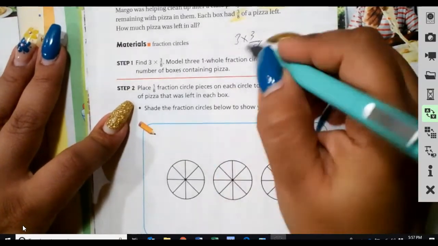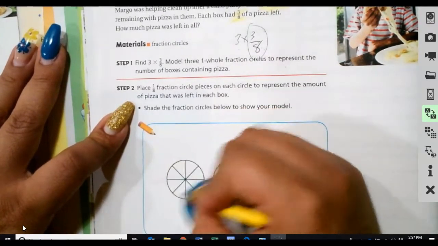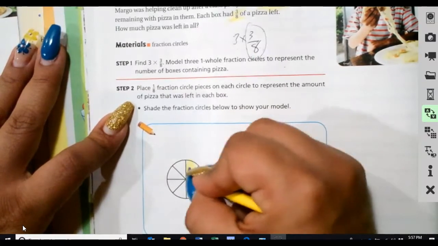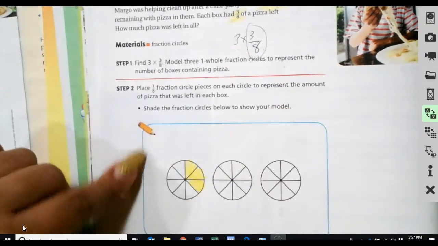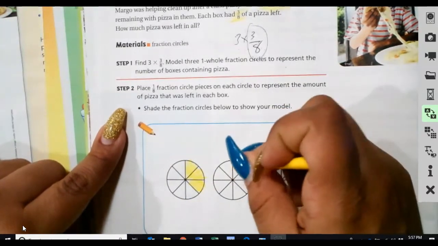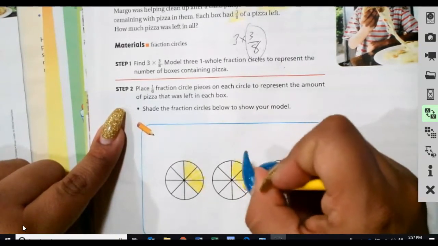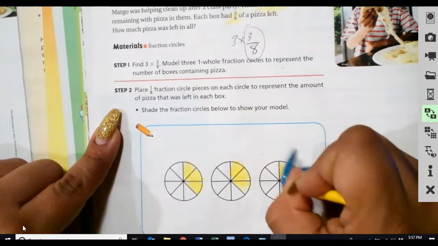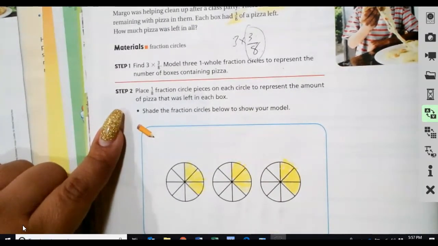So we said that 3/8 was left in each box, correct? So we're going to shade 3 of those 8, because that's how we represent that fraction, right? 1, 2, 3. So 3/8. And that happened to the 3 boxes, so we're going to shade all of them. Okay, and there's our model.